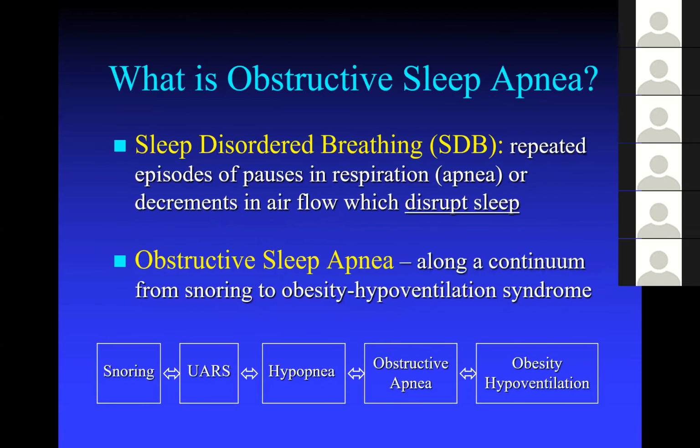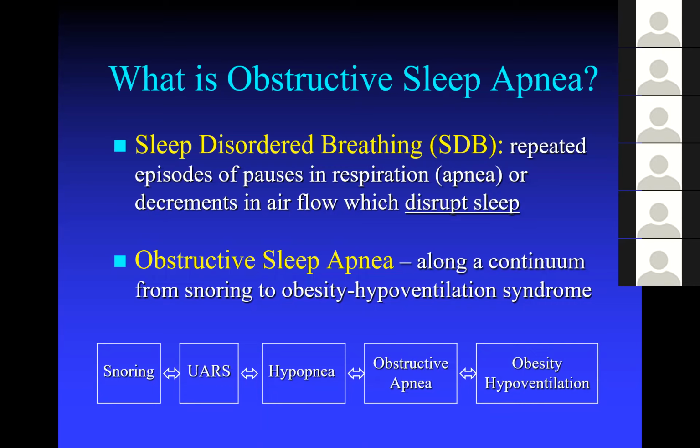And then what is obstructive sleep apnea? It's one of a continuum in sleep disordered breathing, which encompasses repeated episodes of pauses in breathing, called apneas, and decrements of airflow, which is not a complete obstruction, but these things disrupt sleep.